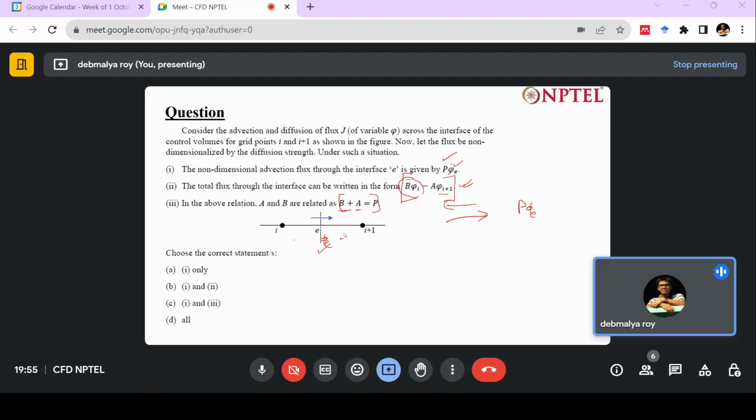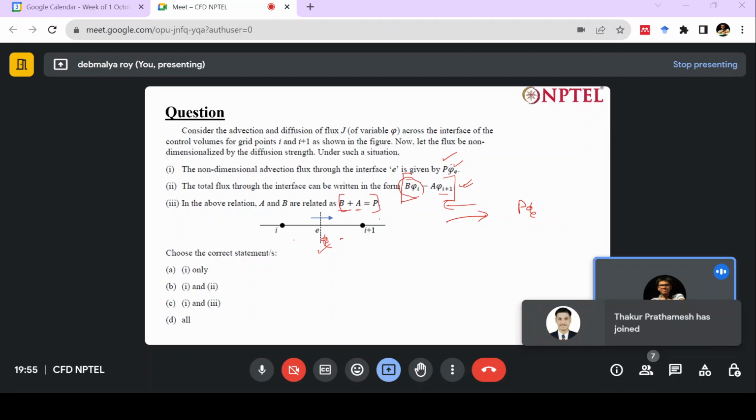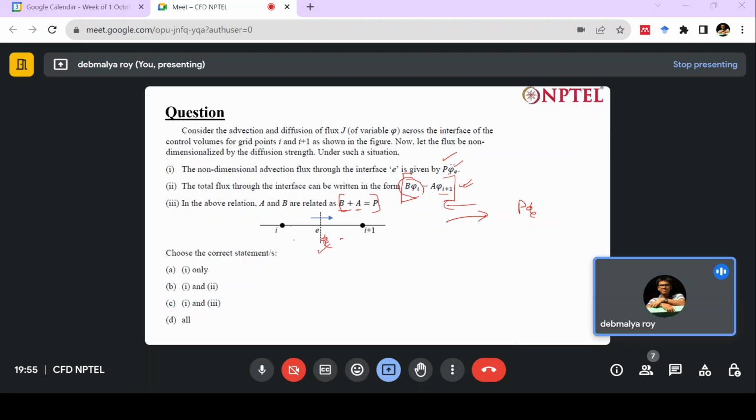If you want to get rid of the grid point values and simply relate the coefficients, this will not happen. We will need the profile assumptions. So which are the correct statements here? Correct statements are 1 and 2. The third one is that we will not be able to arrive at this particular statement.